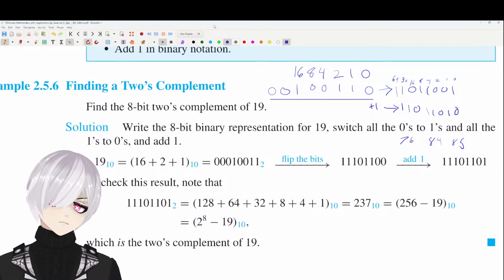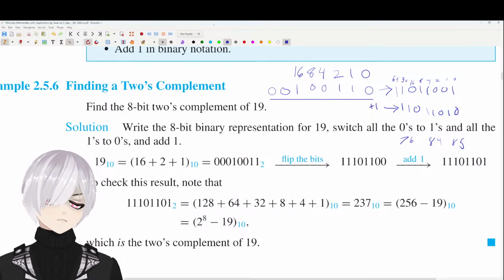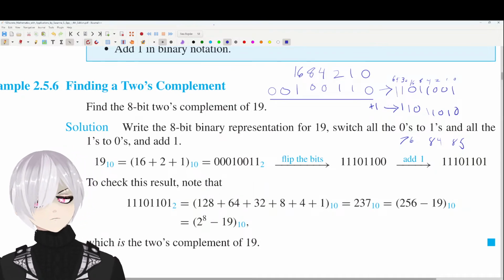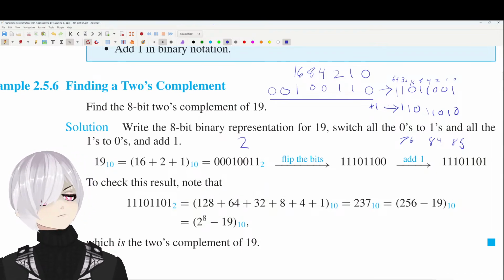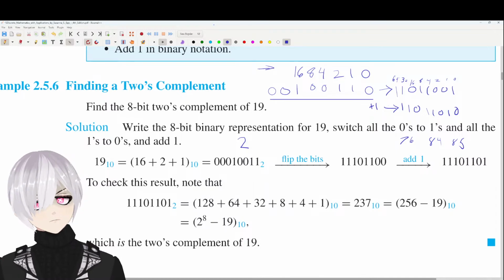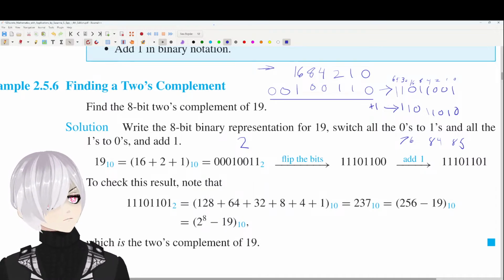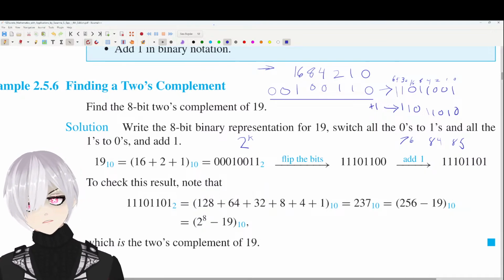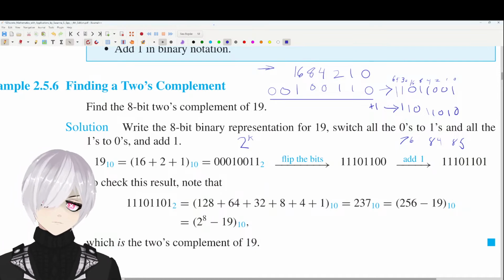So didn't you say the ones place? This was actually supposed to be my exponent.